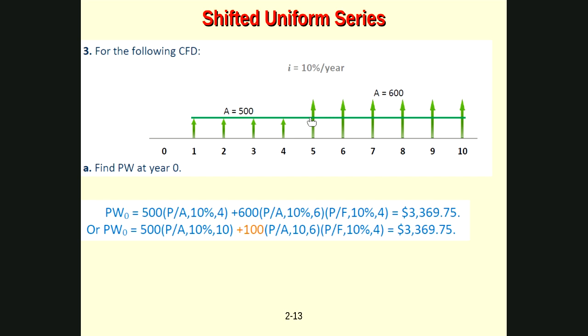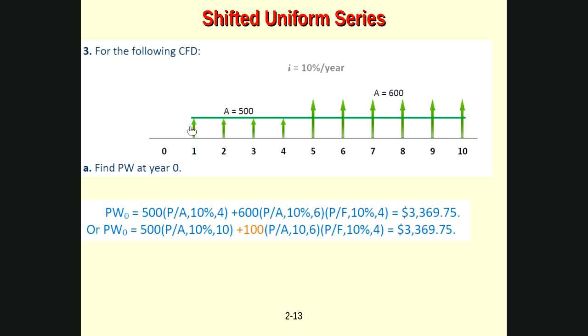So from year 1 to year 4, we have an annual equal to 500, and from 5 to 10 we have an annual of 600. When you see this common line between the 500 and the 600, that shows you that the 500 is common between the two series, because the 600 already includes the 500 plus 100.